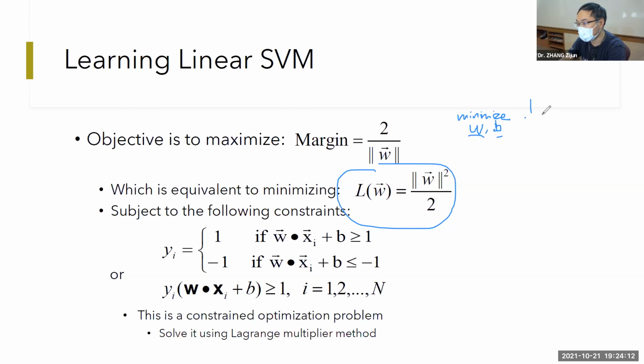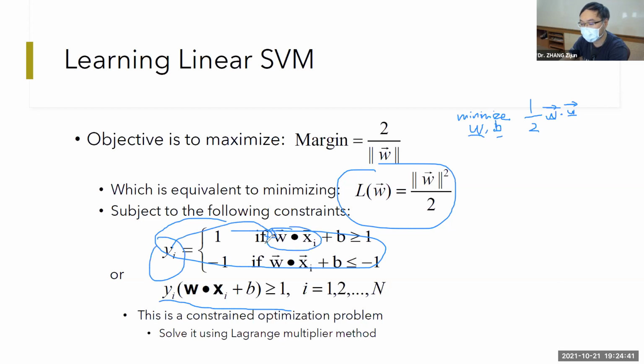And the objective is 1/2 the vector W multiplied by the vector W, or we can write it as this dot product. And we integrate the two stepwise constraints into one by multiplying yi into this term.